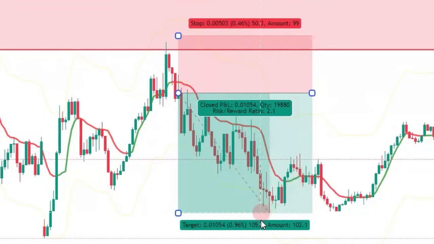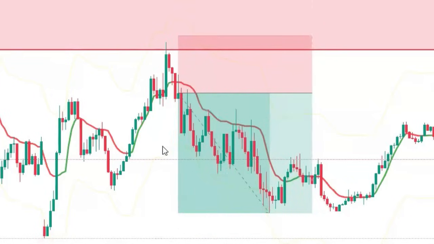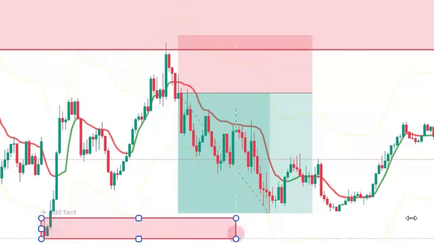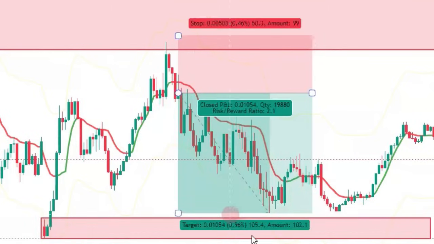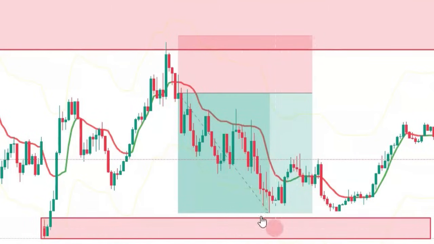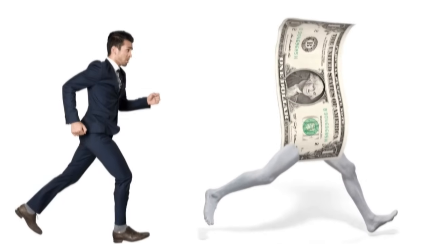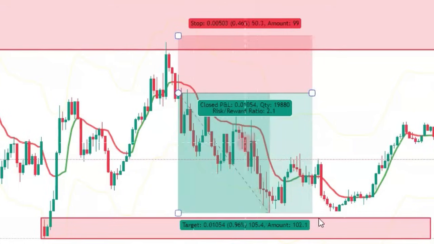Look at the wick rejection here, a massive wick rejection, and it's directly within this area, right? It's very close within this area. So take your profits and go. There's nothing wrong with taking your profits and going, because you're in massive profit. So take it and go.